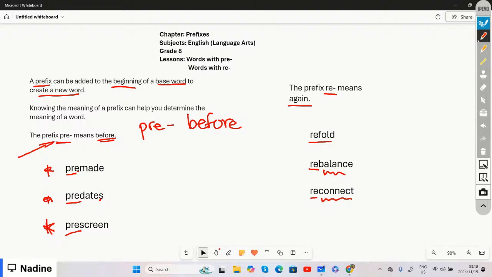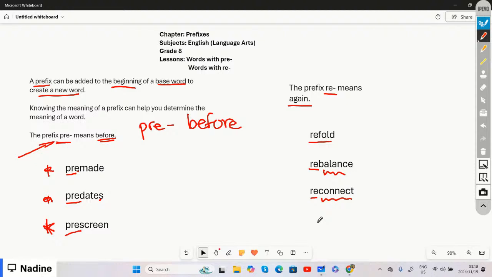That is you reconnecting with that person. So that is reconnect.